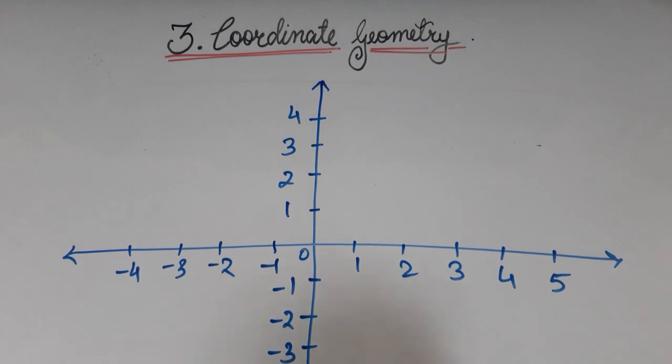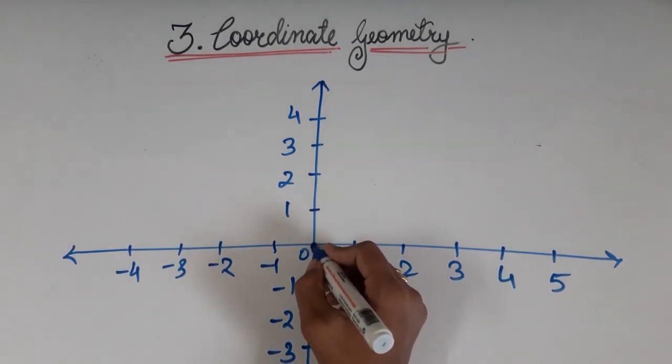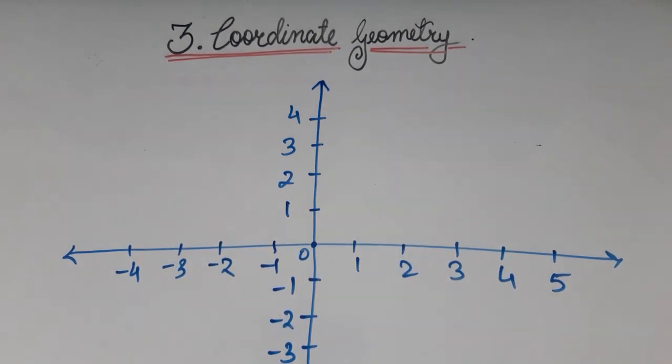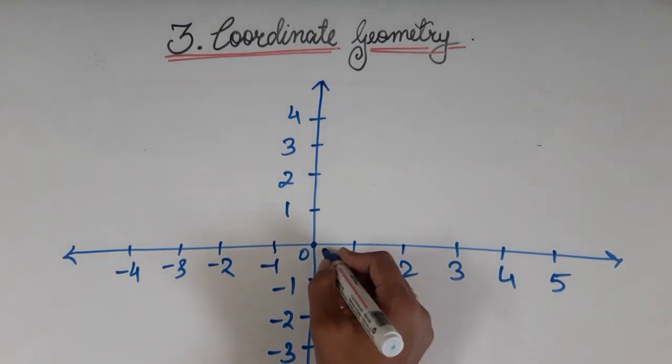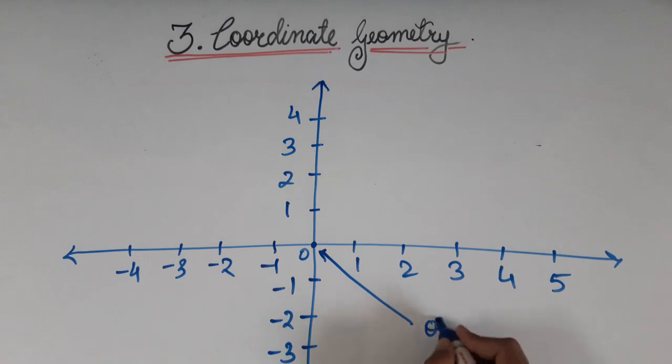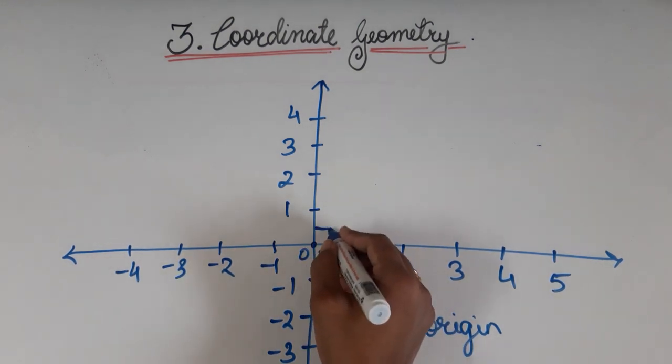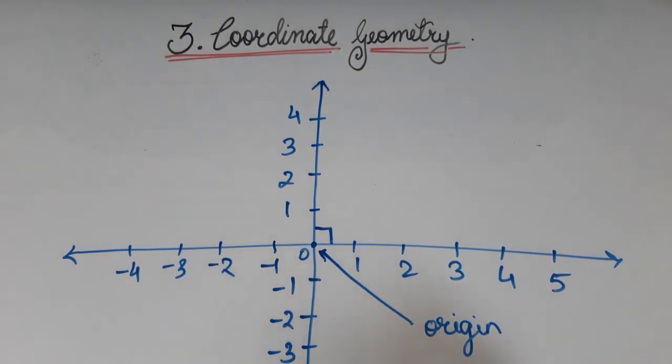So these are the sign conventions for the number lines intersecting at a point called the origin. The two number lines intersect each other at the origin. And one more important thing, the two number lines are perpendicular to each other.